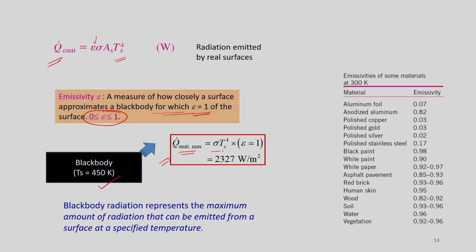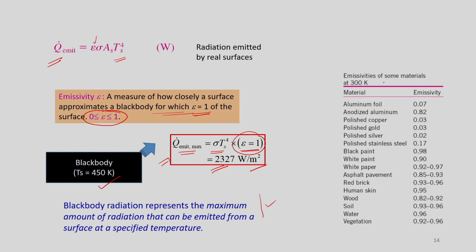This is sigma T to the power of 4, because black body emissivity is 1. For this body at 450 Kelvin, it can emit a maximum radiation of 2327 watt per meter square. We can calculate similarly for grey bodies if we know the emissivities.